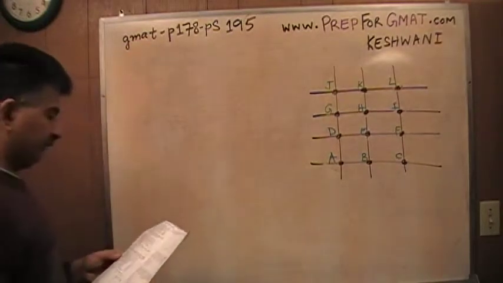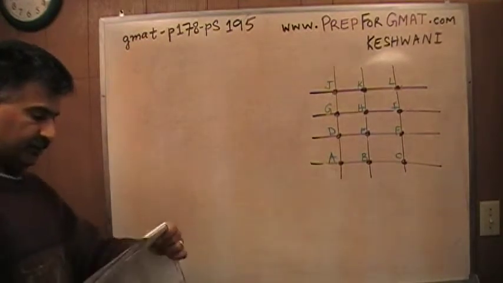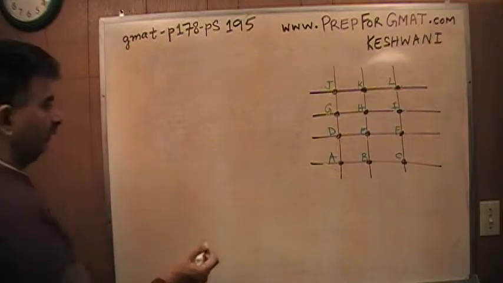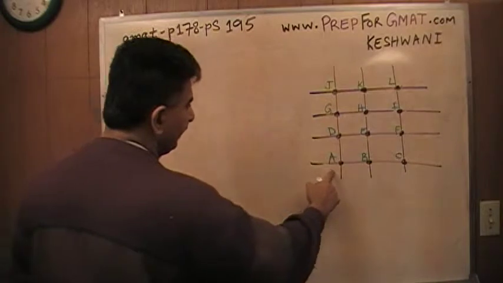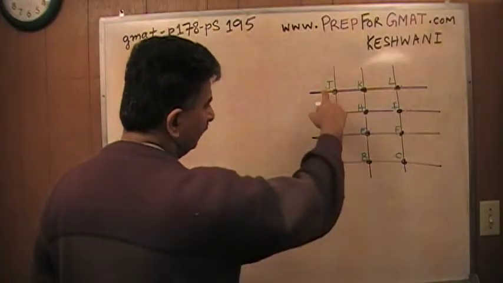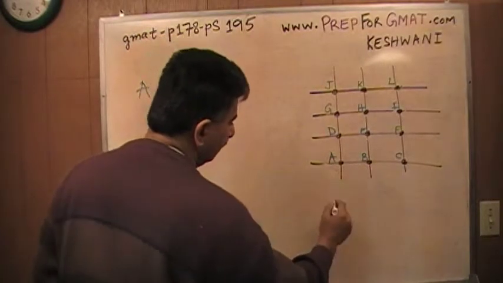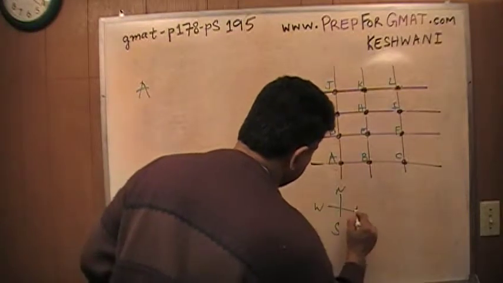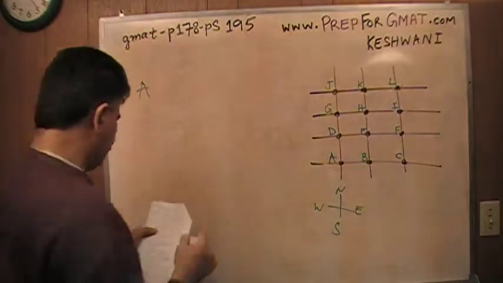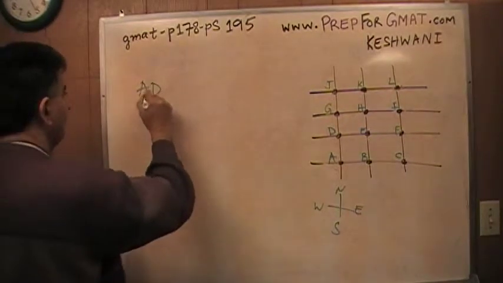So I'm going to give the names here, which I just did, and just follow my work. I'm going to start my journey at A. When I start at A, I can go north to D, or I can go east. I'm going to go north first, AD.